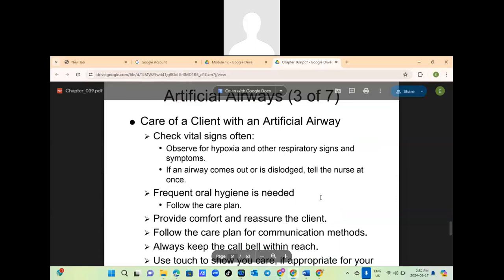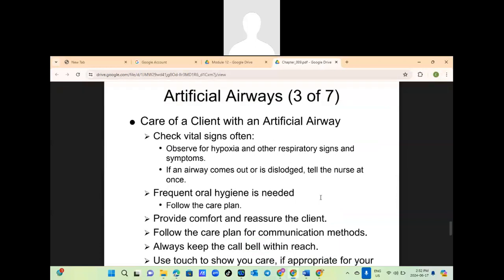So care of a client with an artificial airway. We have to check vital signs often. We're going to observe for hypoxia and other respiratory signs and symptoms. If an airway comes out or is dislodged, tell the nurse at once. Frequent oral hygiene is needed. Follow the care plan.